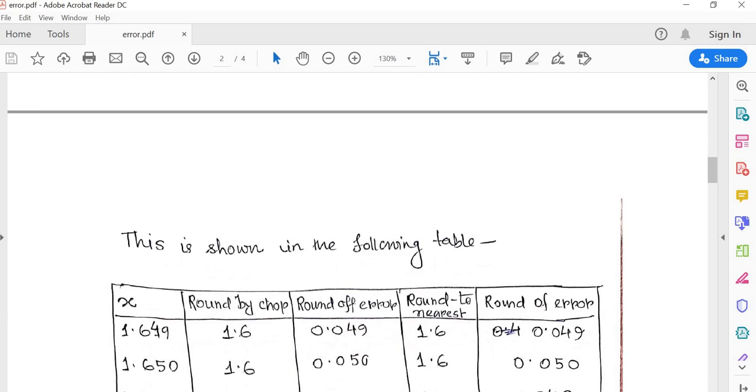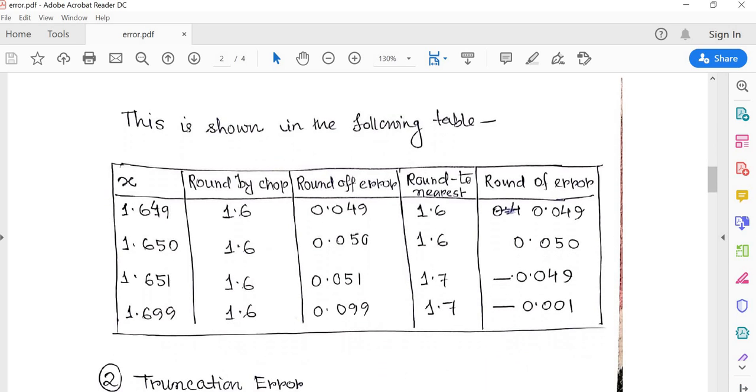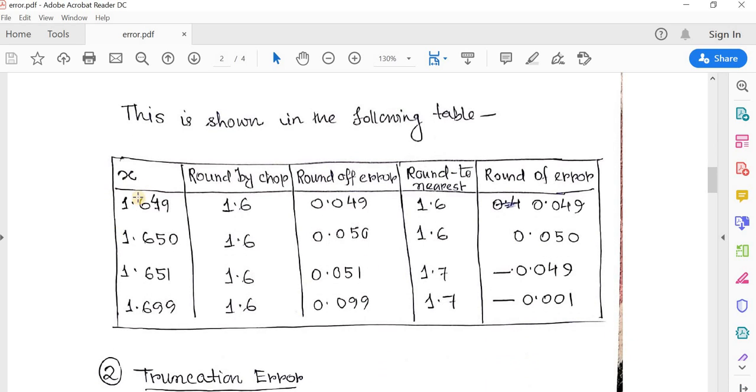So all these are shown in this table. Let some values be represented by x. Say the first value is 1.649.